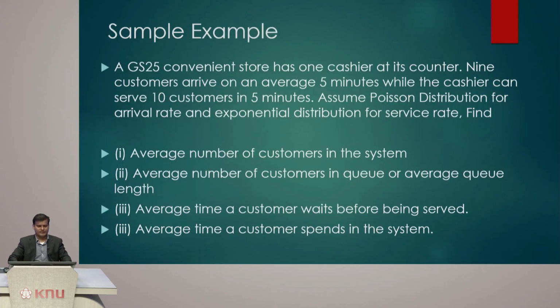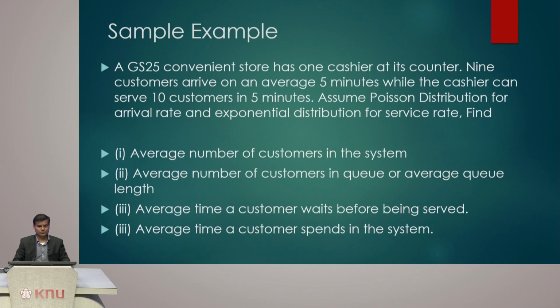Here is a sample example you can look at. Let us consider that a GS25 convenience store has one cashier at its counter. 9 customers arrive on average every 5 minutes, while the cashier can serve 10 customers in 5 minutes.